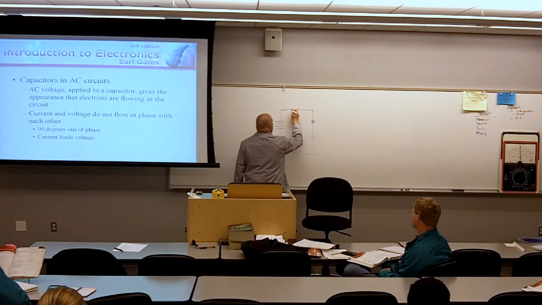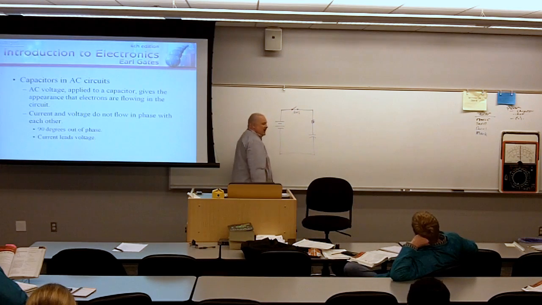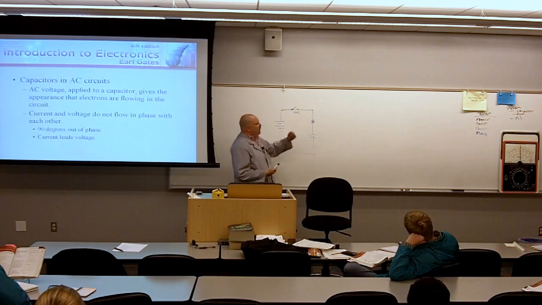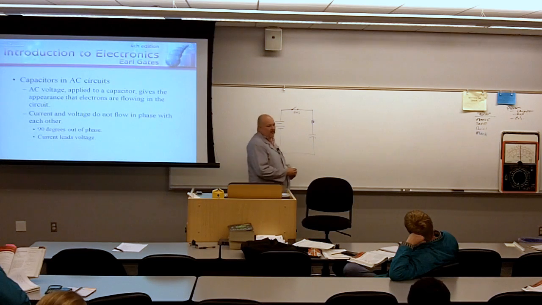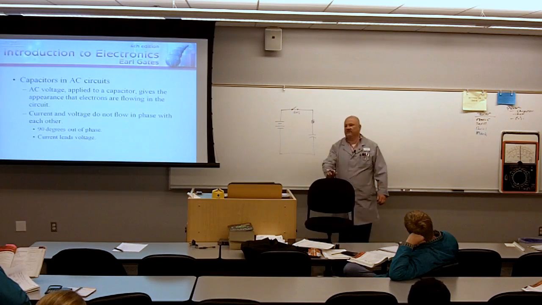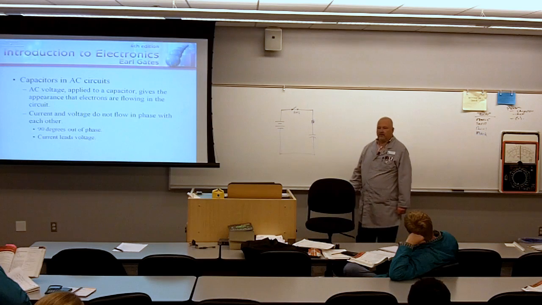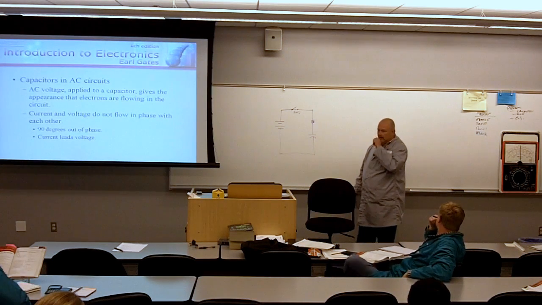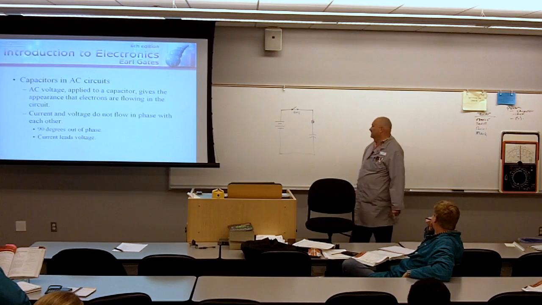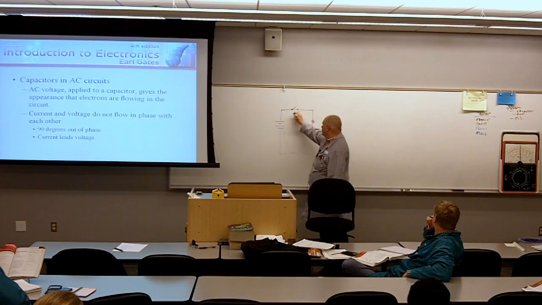I've got the switch, SW1, switch 1. When I close switch 1, what happens inside this circuit? It allows current to flow. Where does current flow? Okay, so current just flows through the circuit like this.